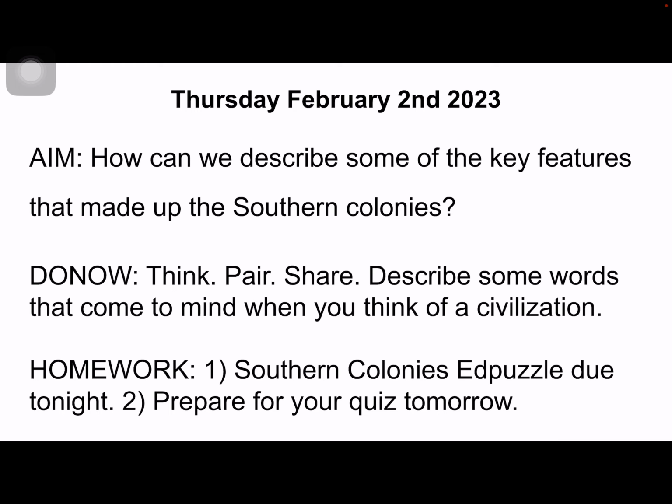When the Southern colonies begin to establish themselves, places like Virginia, North Carolina, South Carolina, Georgia, one of the first things that they do before they do anything else is they establish some type of government. They establish some type of government because the people that are coming there need rules to follow and obey.